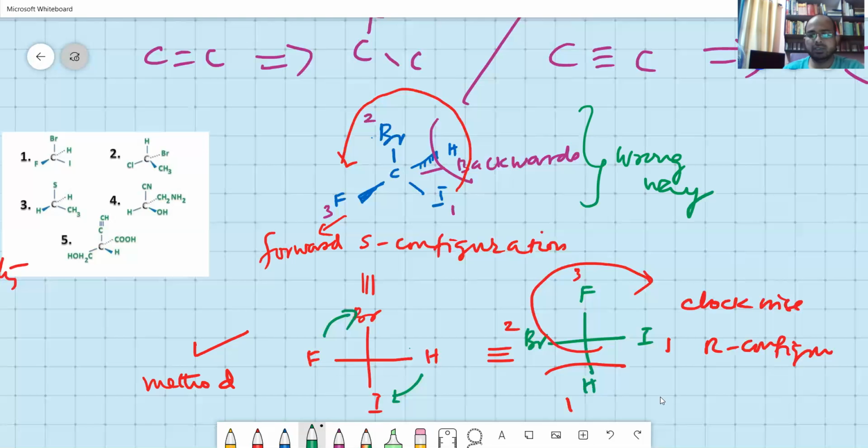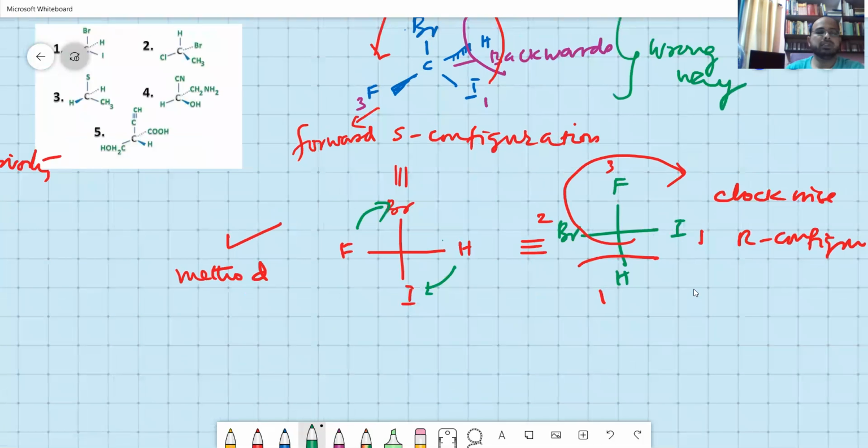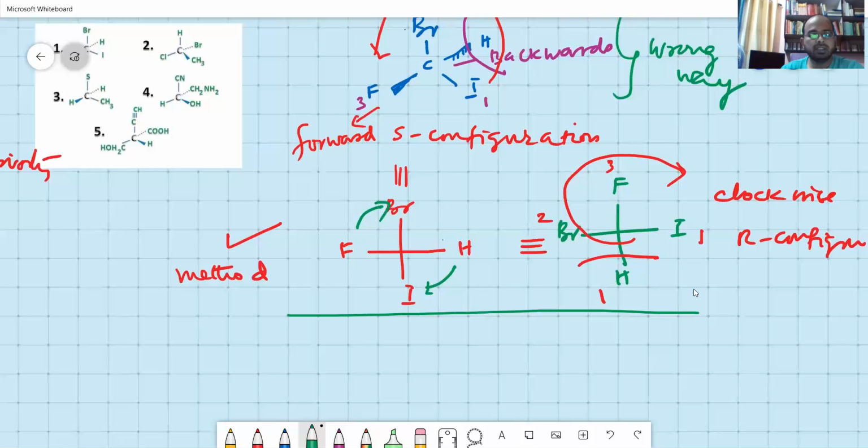Okay. So let us take the second example. Second example is H, C, Cl, Br, and CH3.